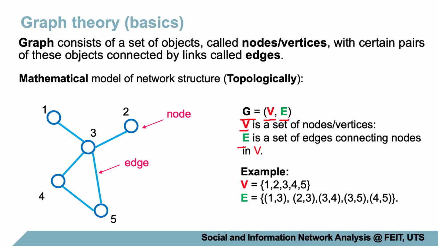For example, in the simple graph on the left, the vertex set consists of 5 nodes: 1, 2, 3, 4, 5. And the edges include 1-3, 2-3, 3-4, 3-5, 4-5. Then we can use this to represent a graph.